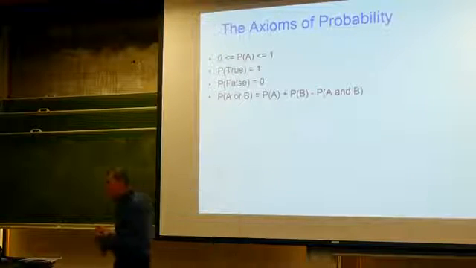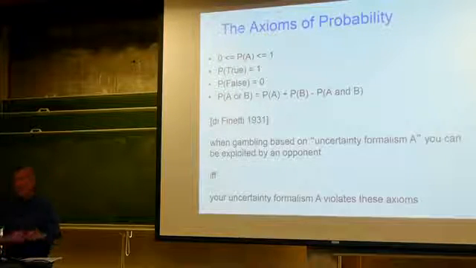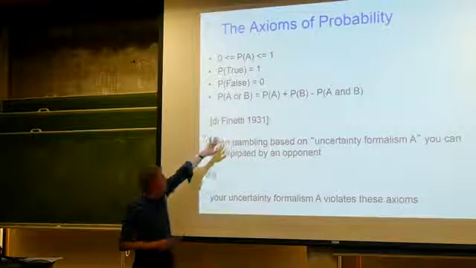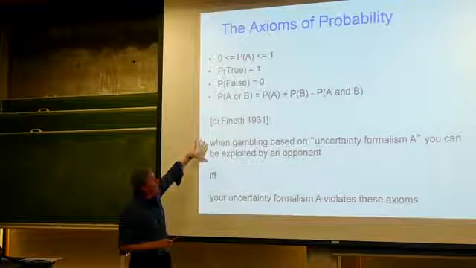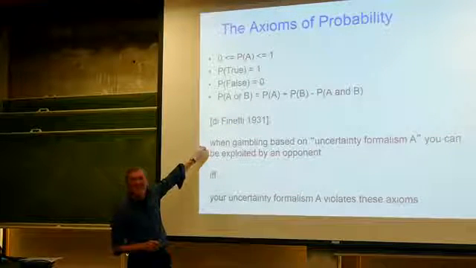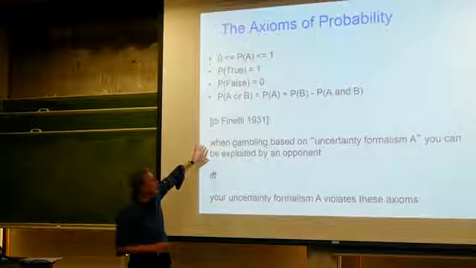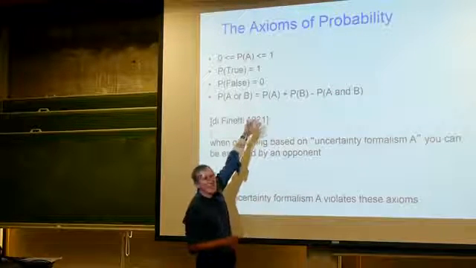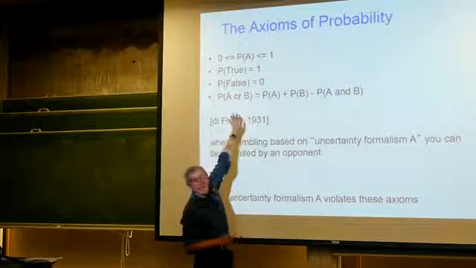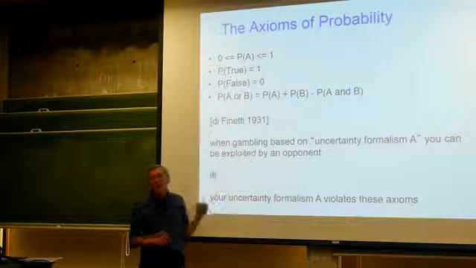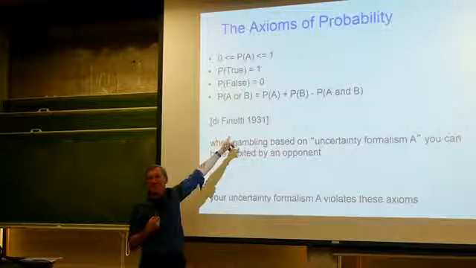It turns out if you start with these axioms, then you can prove, well, you don't have to because de Finetti already did, that you really should take these axioms seriously. If you gamble based on an uncertainty calculus that does not obey these axioms, then you can be exploited by me because I obey these axioms.